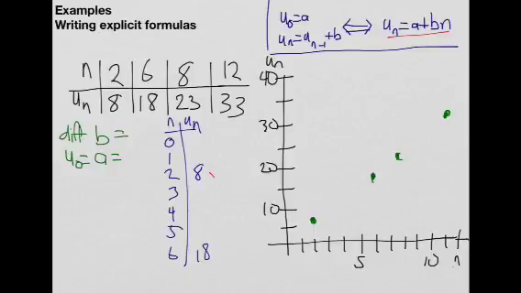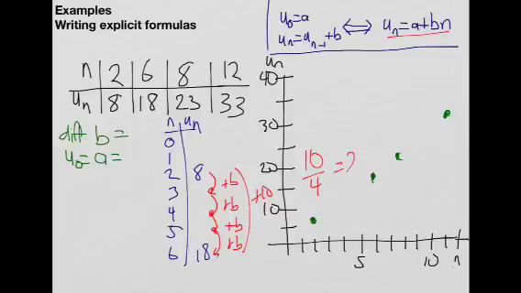Say I add it once, twice, 3 times, and 4 times. So I'm going to add my common difference 4 times, and I'm going to go from 8 to 18. So this is going to go up 10 in total. So let's take that 10 divided by 4, which gives me 2.5.